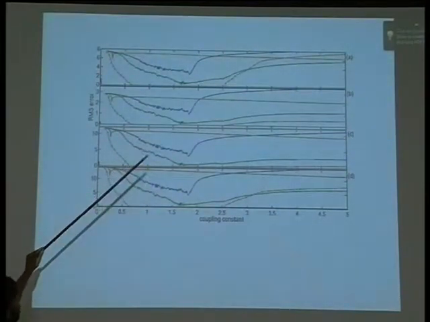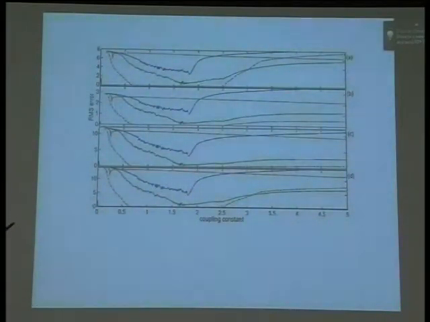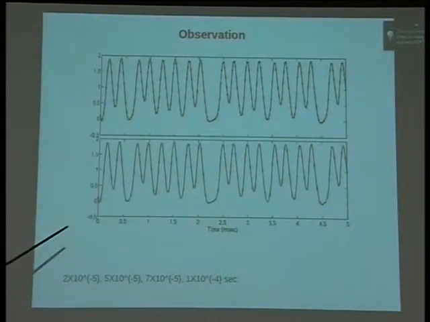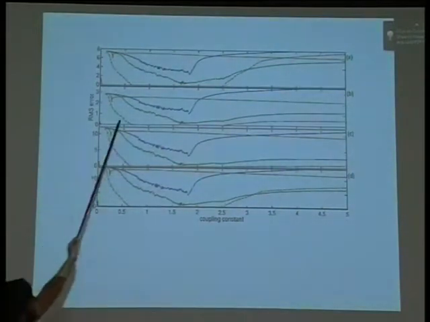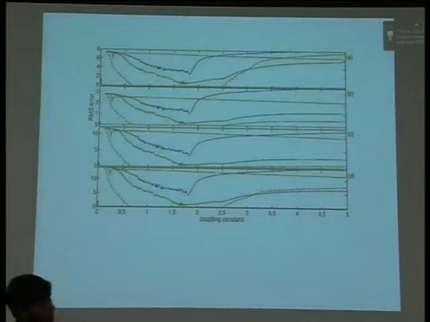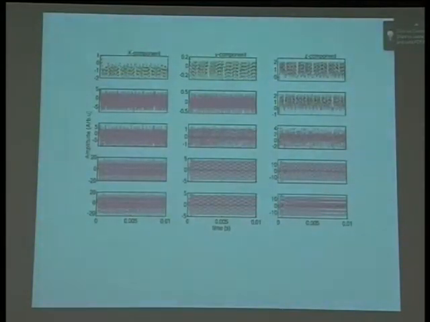And this one is the RMS error for synchronization at the time step of 5 into 10 raised to minus 5, then this one is 7 into 10 raised to minus 5, and the final one, where we don't have any synchronization, is 1 into 10 raised to minus 4. Now let's see the time series.